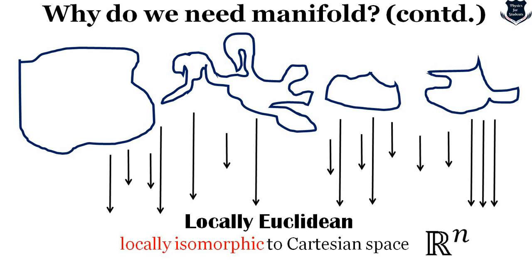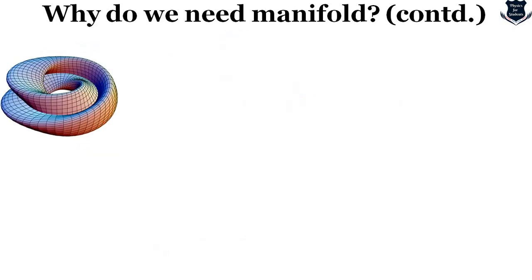I will explain what I mean by locally Euclidean, because until we get a locally Euclidean space, we won't be able to do the calculation. The manifold is basically where this becomes locally Euclidean, and it is related to Cartesian space or Euclidean space.